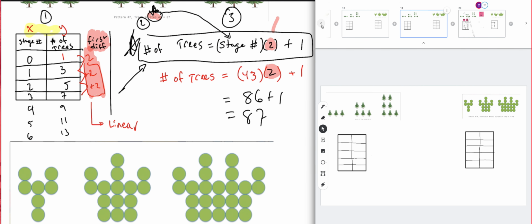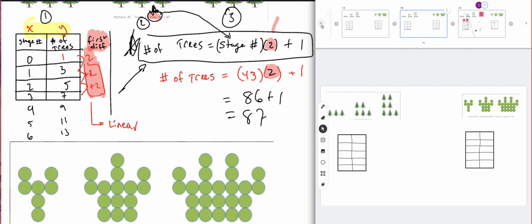X's and Y's, right? When we have a table of values. Okay, we're going to come back to that. Where Y is going to be your output and X's are going to be your inputs, right? So input, stage number, X, those are all the same thing. Outputs, Y's, number of trees, number of tiles, those are all the same thing, okay?